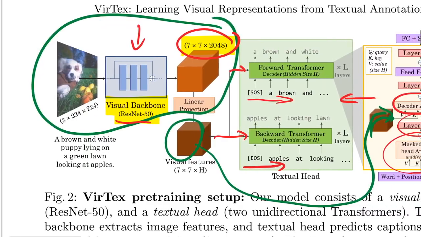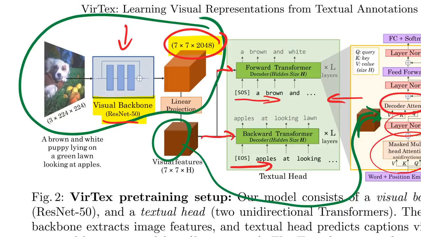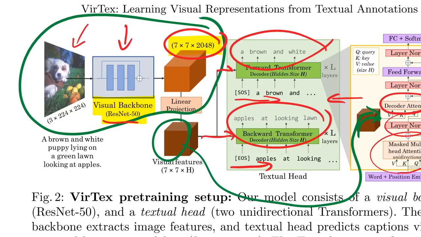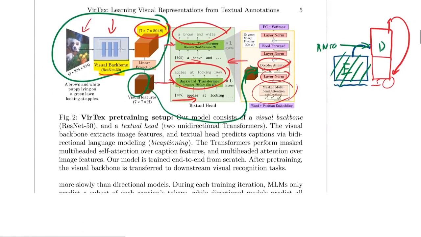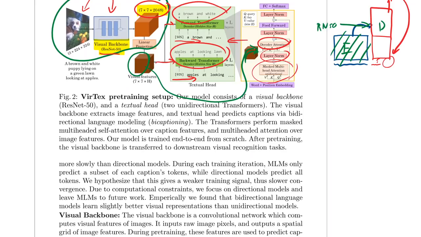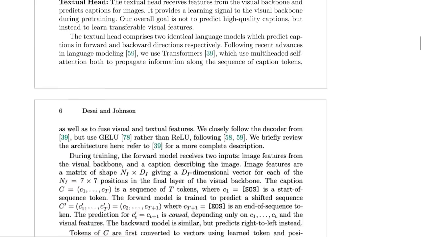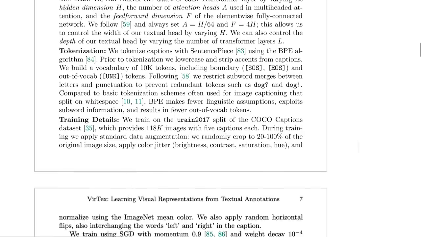If you train this model well, that means the model can produce accurate captions for these images, which means that it has learned something meaningful about the image, to the degree, of course, that the original caption in your dataset was a good descriptive caption. But we're going to assume that in these datasets this is the case. All right, that's what they do.